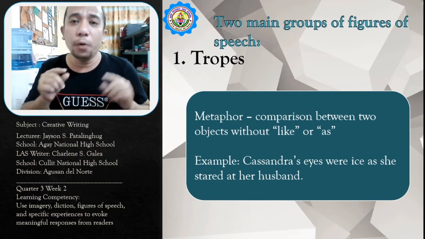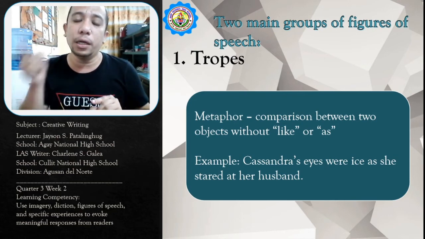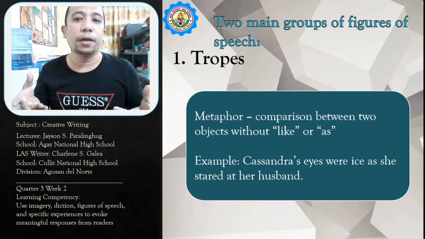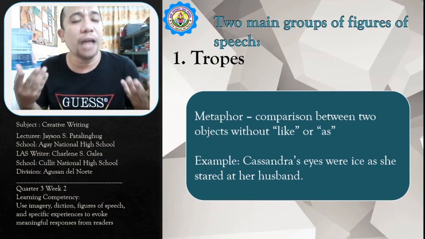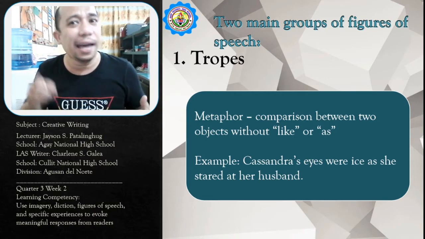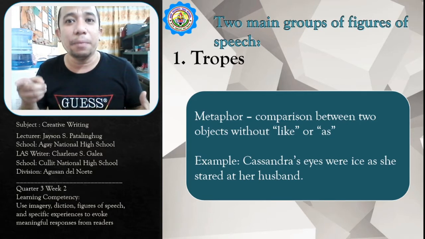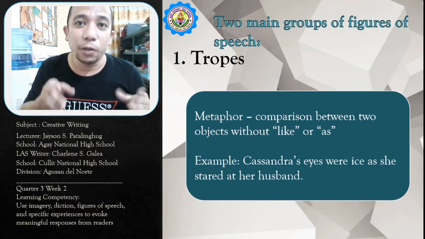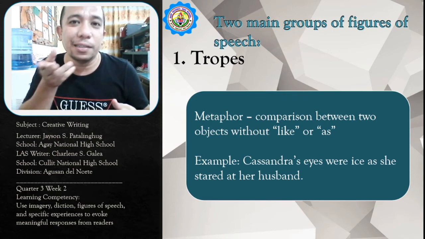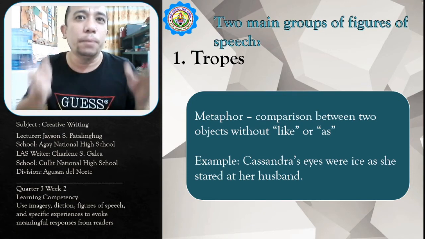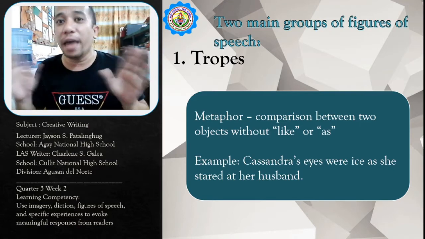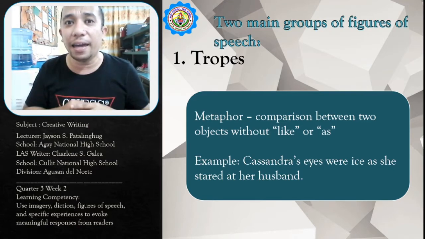If you're going to restructure the sentence, you're going to rephrase it like you're going to say, Cassandra's eyes were like an ice. If you use like an ice, then that becomes simile. But when you say Cassandra's eyes were ice, there is a direct comparison between Cassandra's eyes and the word ice without the use of as and like.